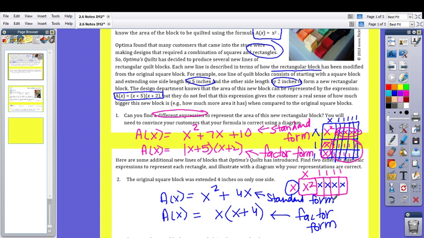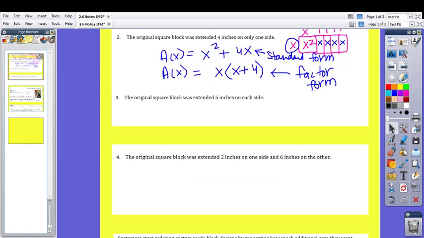Okay, now let's do the next one. In that, she has the original block again, so x squared. So this is x, but she's adding 5 inches on one side. So 1, 2, 3, 4, 5. So these will be x blocks.